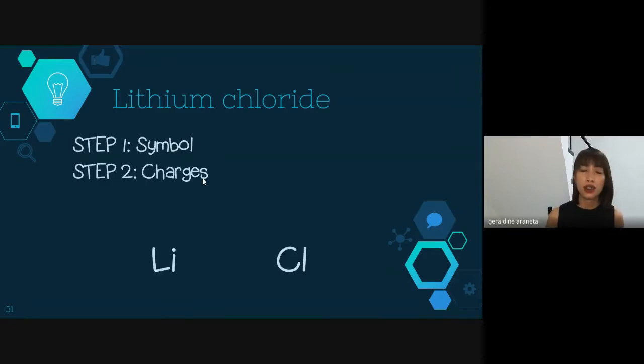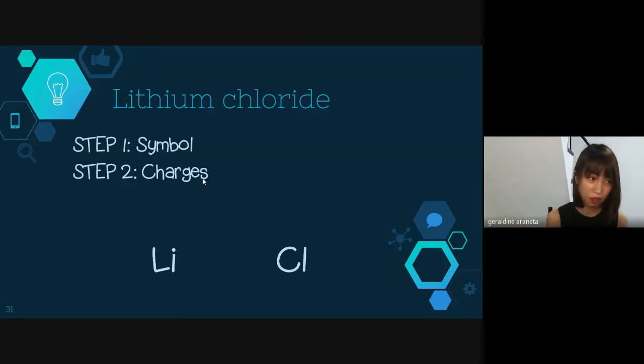you write the charges. For lithium, its charge is positive 1. For chlorine, its charge is negative 1. Ma'am, why? If you look at the periodic table, there are four charges for chlorine: positive and negative 1, then positive 5 and 7.